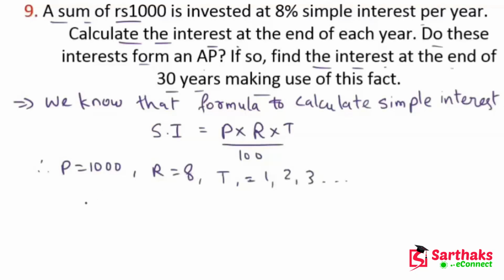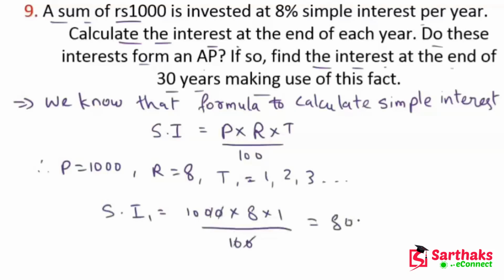Now we put the values in the formula. For the first year, 1000 into 8 into 1 divided by 100, this cancels and we get 80 rupees.